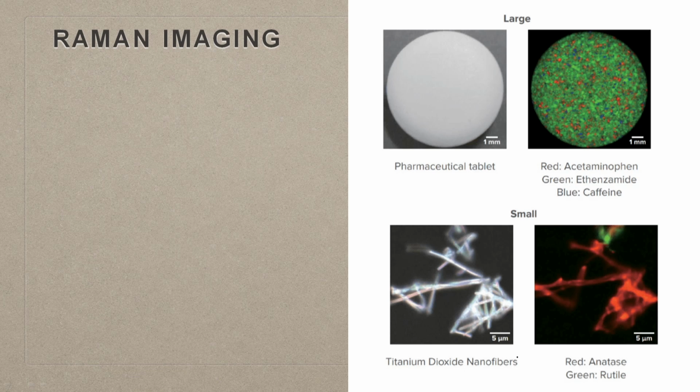Next part is when Raman is coupled with imaging tools. When we talk about imaging, say for example, you have a sample and you guess that it has some unique chemical signature. How to go for it?